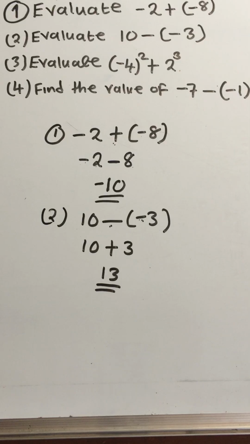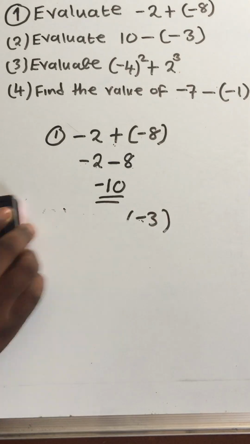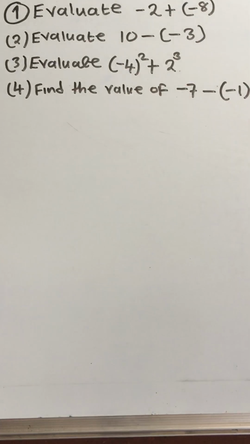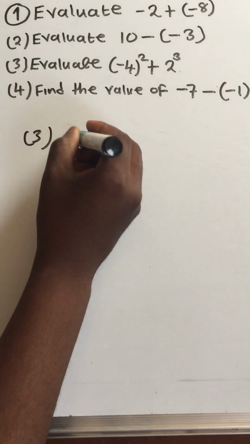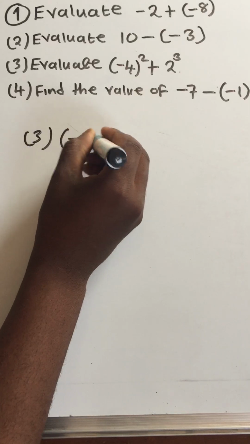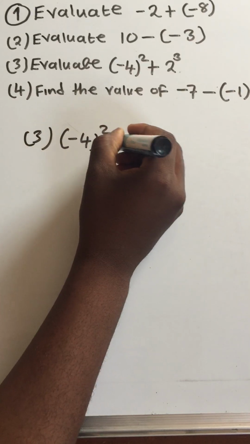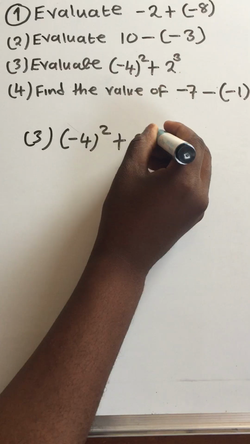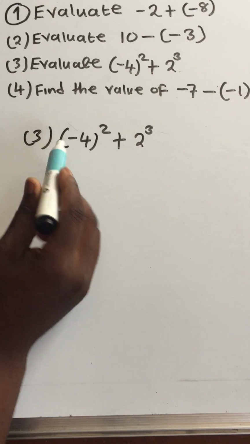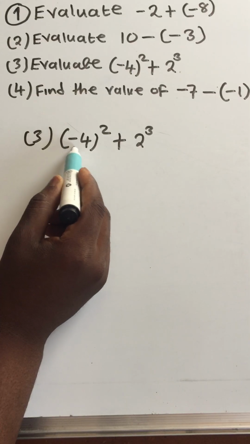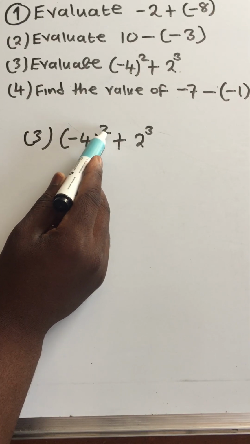We come to question 3. Question 3 says evaluate -4 squared plus 2 to the power 3. The question says evaluate, so it simply means multiply -4 how many times? 2 times.